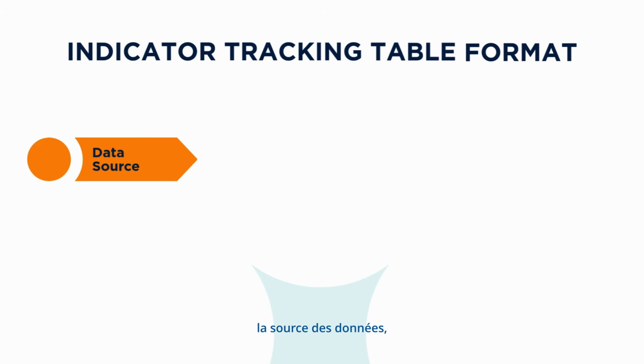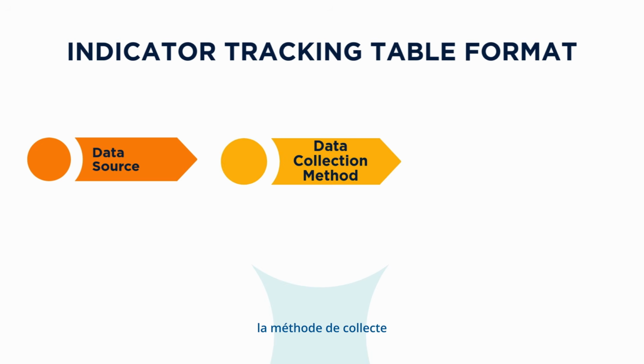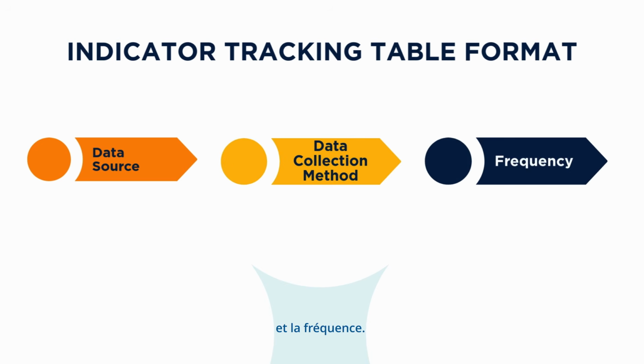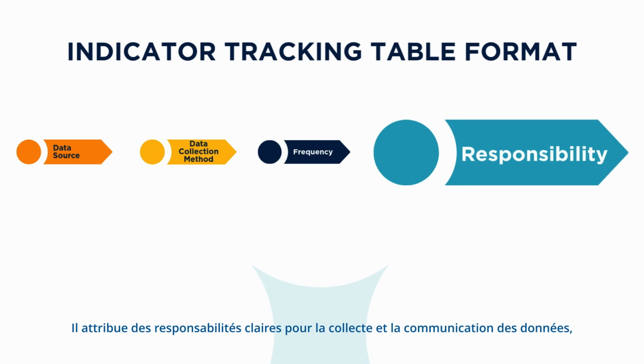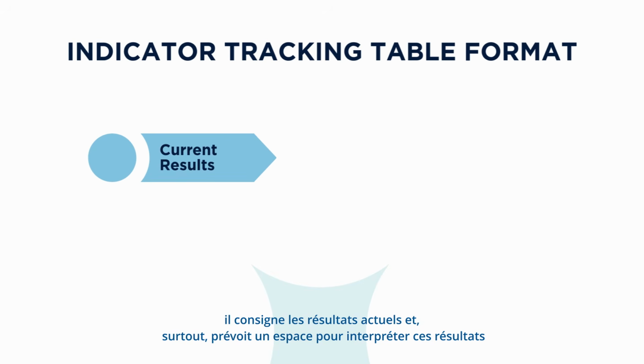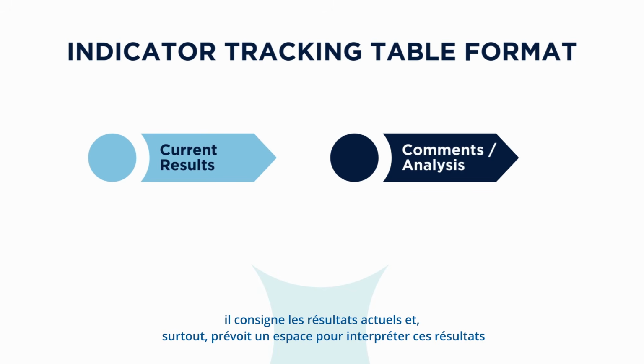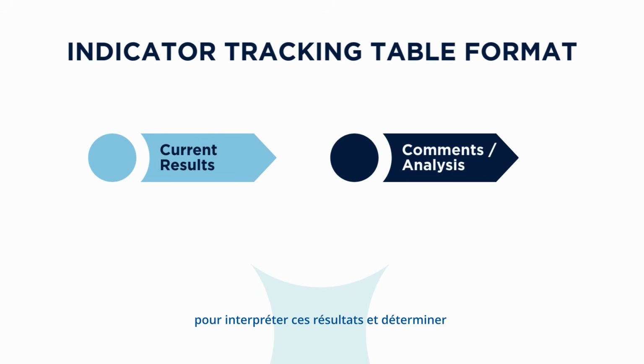The table also identifies where the data comes from, how it will be collected, and how often. It assigns clear responsibility for data collection and reporting, ensuring accountability. Finally, it captures current results and, most importantly, provides a space to interpret what those results mean and to determine whether any adjustments are needed.